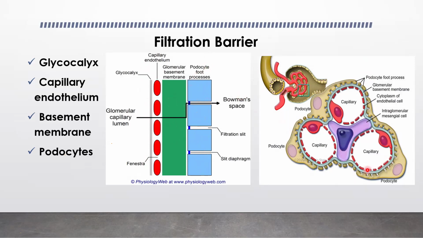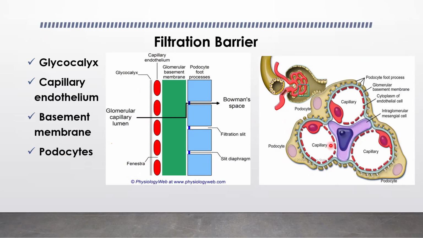So before you go to the lining of the capillary, you have the glycocalyx, then the capillary endothelium, then the basement membrane, and then the foot processes. So those are the layers: glycocalyx, capillary endothelium, basement membrane, and the podocytes.